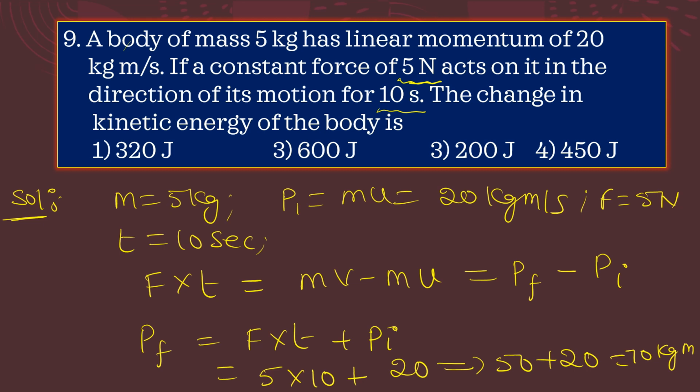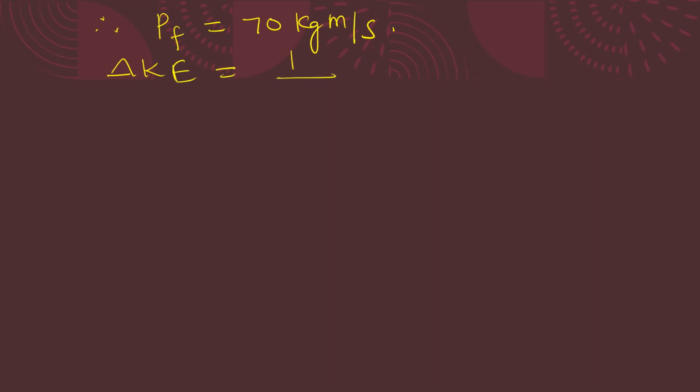Therefore Pf is equal to 70 kg m/s. Now we have to calculate the change in kinetic energy, that is delta KE is equal to Pf square by 2m minus Pi square by 2m.